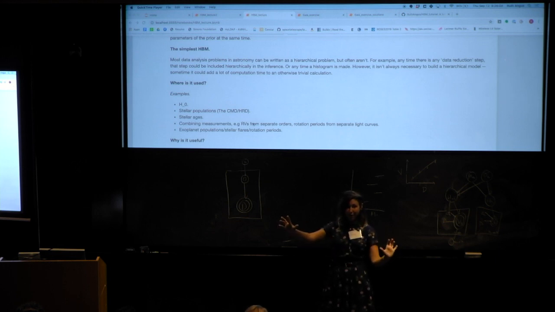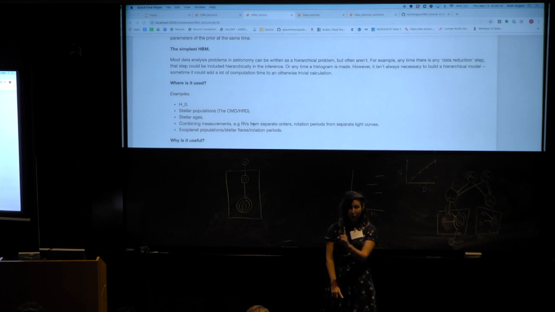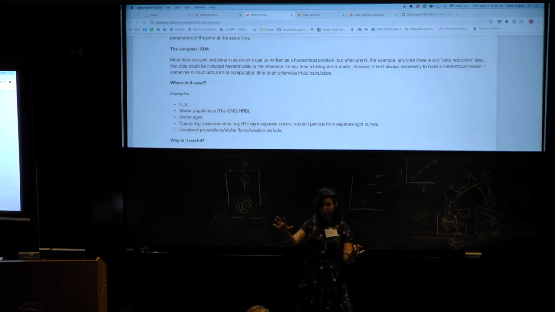And I say, okay, both of these time series are for the same star, and that star has the same rotation period. So I have one rotation period, but I want to infer it from two data sets. And these two data sets have different noise properties. They have different sigma flux.